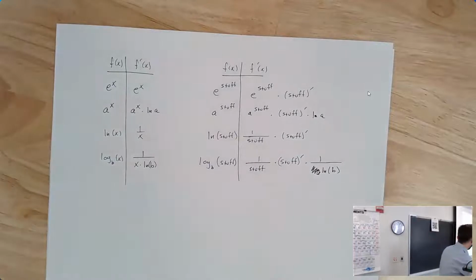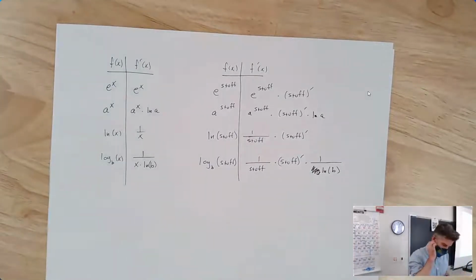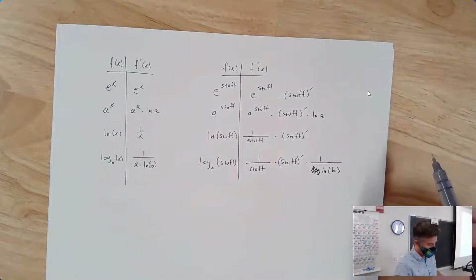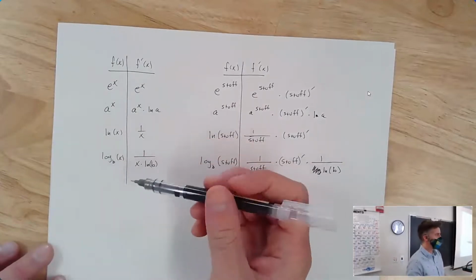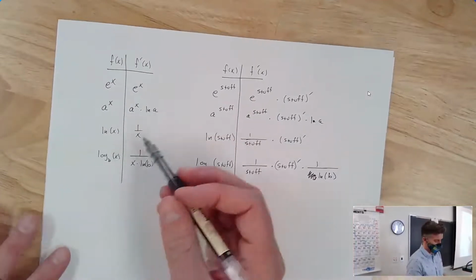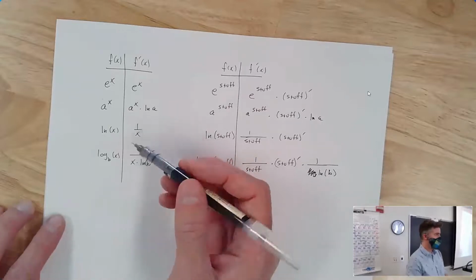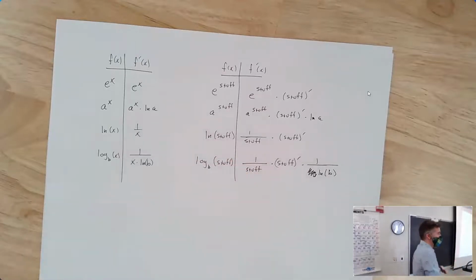Now, I should mention, you do want to know all of these. And here's how I would remember them. I know the derivative of e to the x is e to the x. I know the derivative of a to the x is a to the x times the natural log of a. And if I know a derivative, I know its chain rule version.